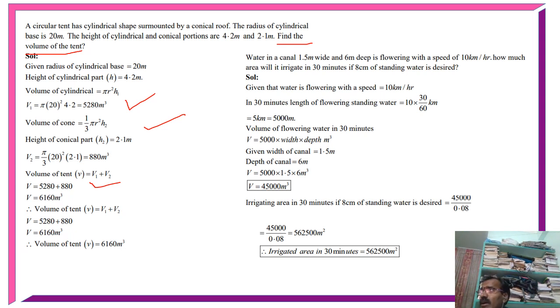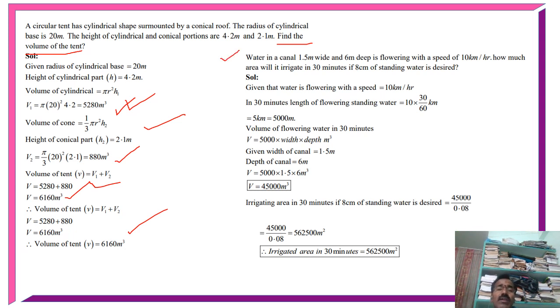If they want the area of canvas needed, it is CSA of cone plus CSA of cylinder. But here volume of tent means volume of cone plus volume of cylinder. So 1/3 pi r square h plus pi r square h, heights are different, h1 h2, and radius is the same. Substitute and simplify. We get 880 and 5280, if we add, 6160 meter cube. This is the total volume of the tent.